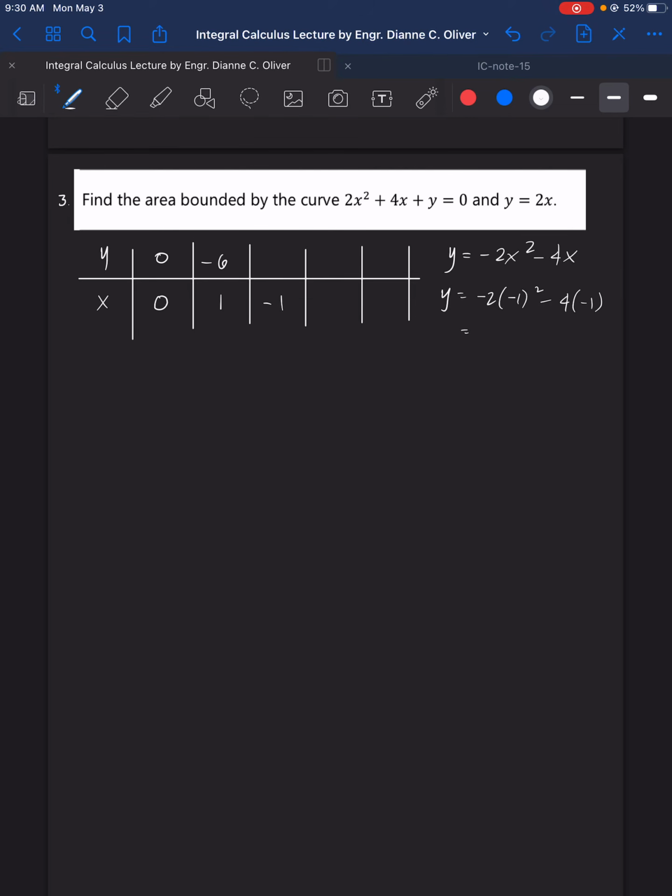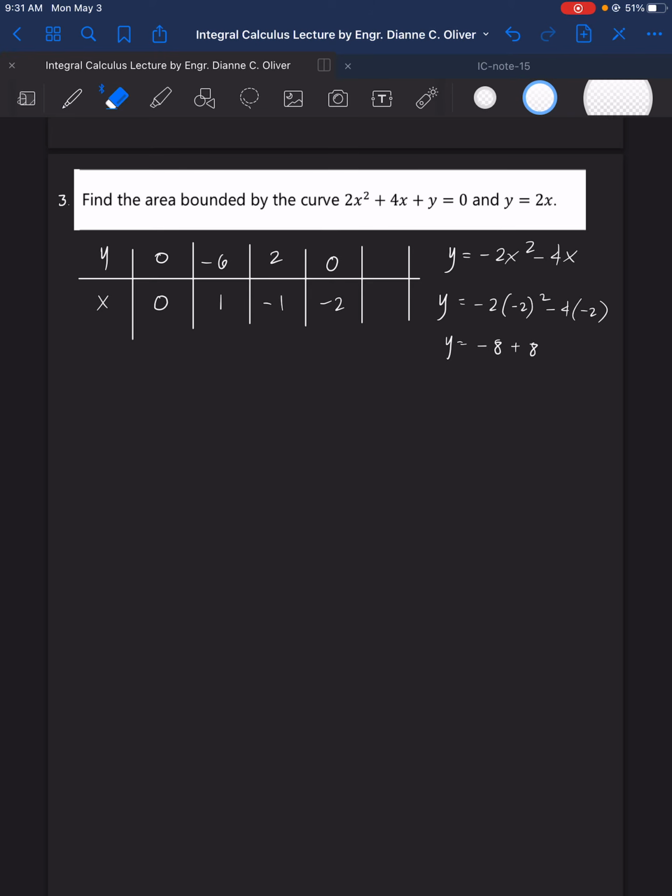So this is equal to negative 2 plus 4. Y then becomes 2. If we use the value of x as negative 2, y is equal to negative 2 times negative 2 squared minus 4 times negative 2. So y is equal to, this is 4, so negative 8, positive 8, so y is equal to 0.